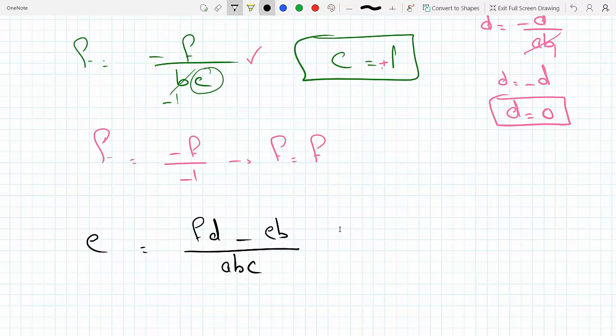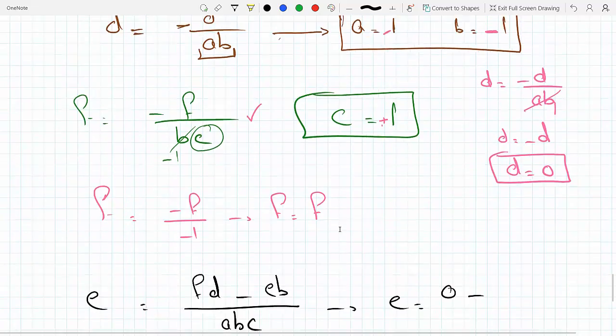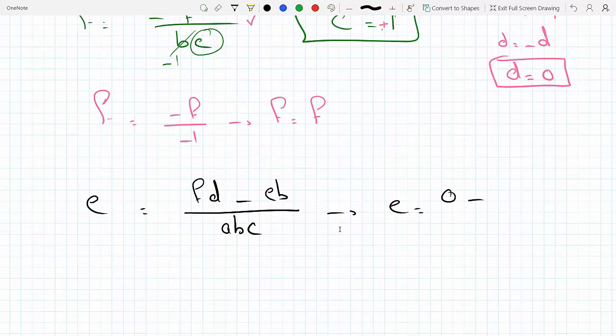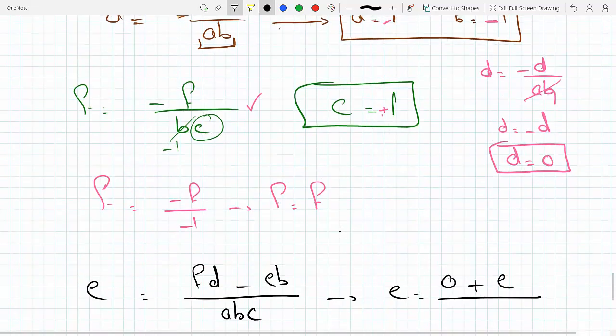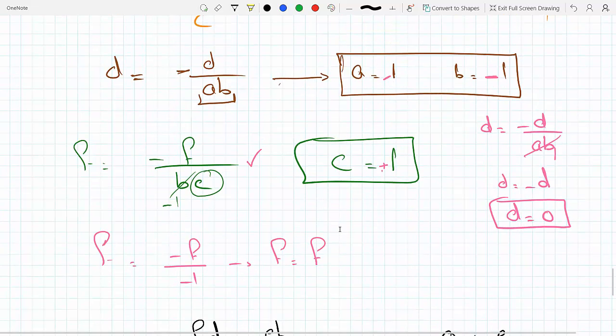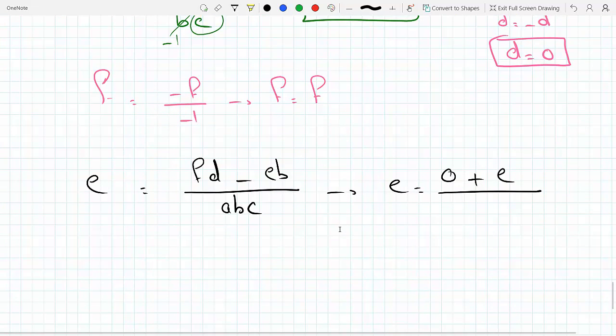Let's see what that gets us. So E equal FD, D is 0, so this goes away, minus EB. E we don't know, undetermined, and B is minus 1, so this becomes plus E over ABC. ABC will be 1.